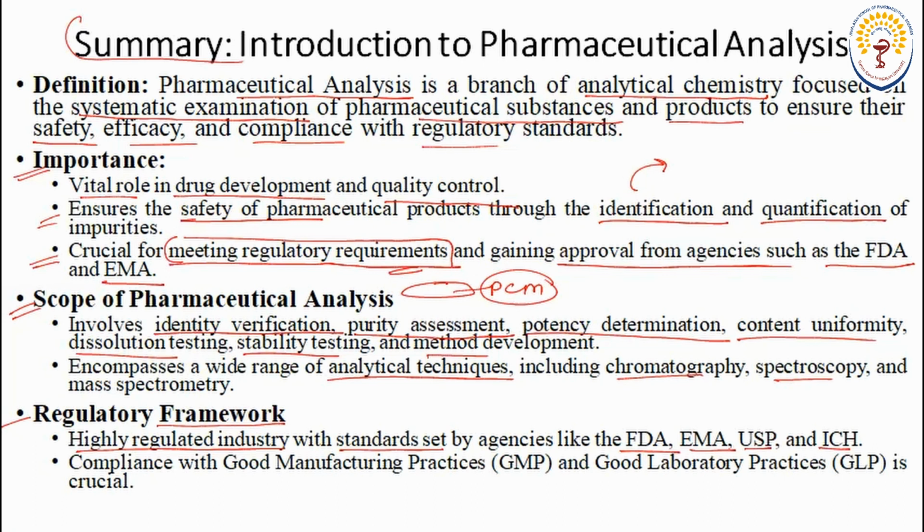These bodies give us guidelines like good manufacturing practices and good laboratory practices. These guidelines should be met in order to confirm the safety, efficacy and quality of the pharmaceutical product.